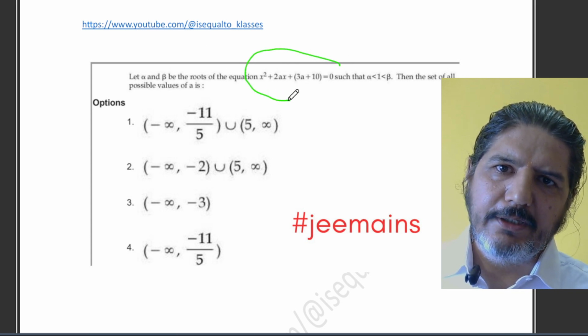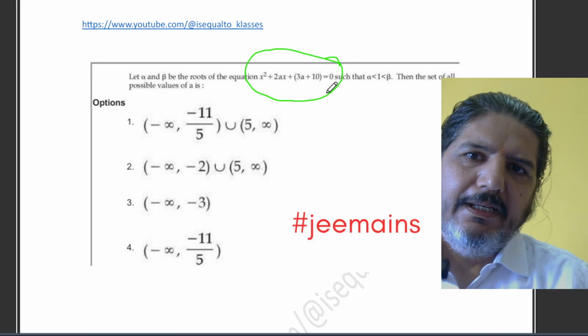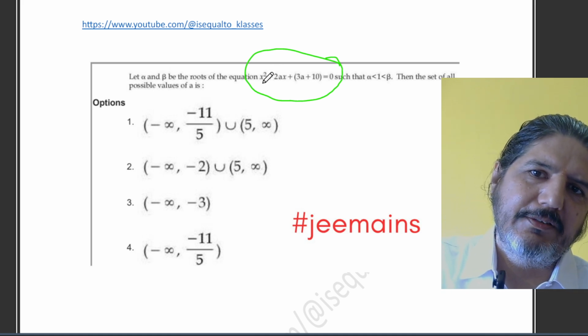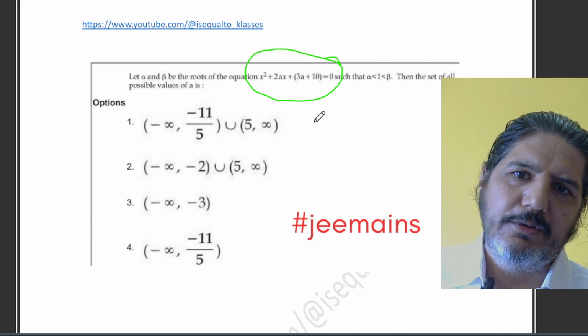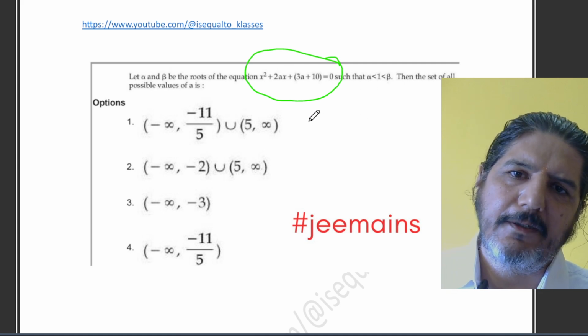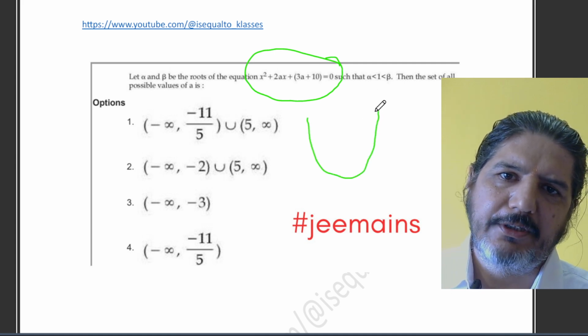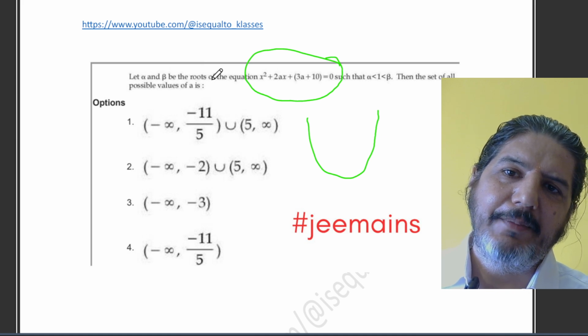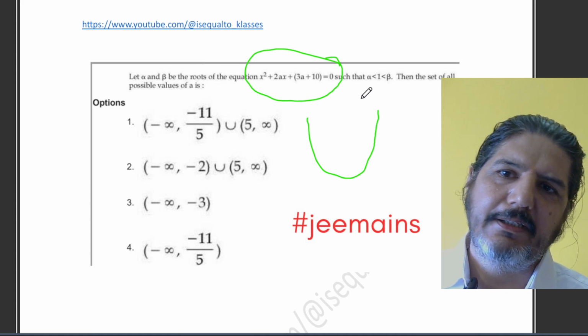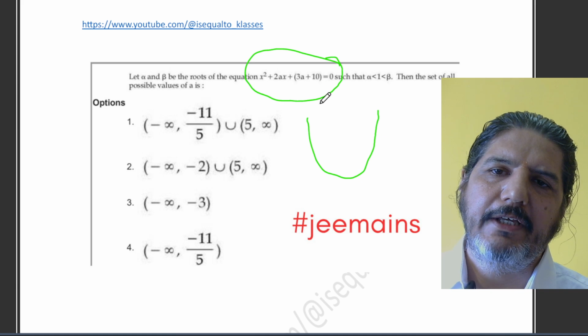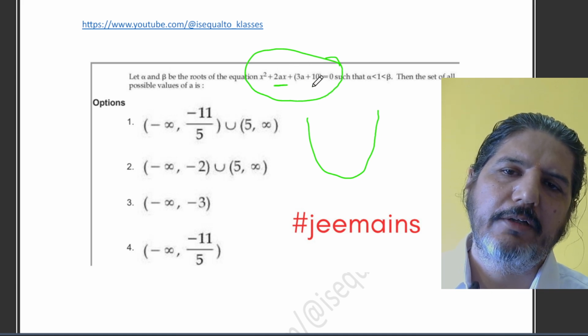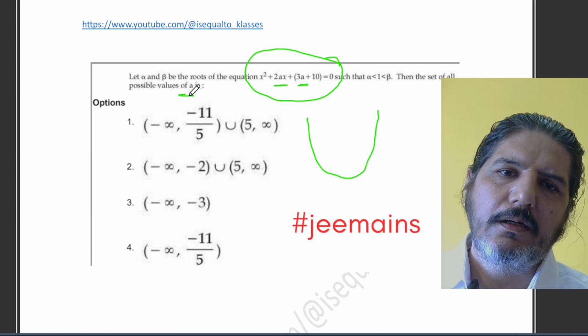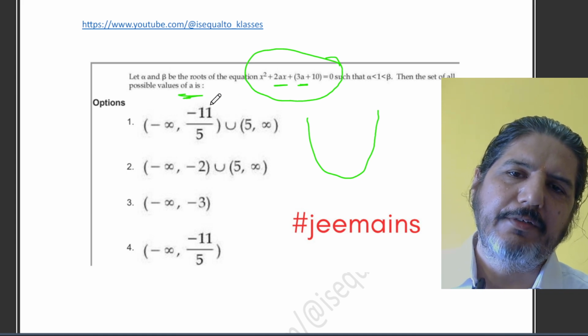So again, let's look at the quadratic equation. I see that the coefficient of x square is positive, so it will be a parabola that opens upward. Alpha and beta are the roots of the equation, and I have to find the set of all possible values of a.